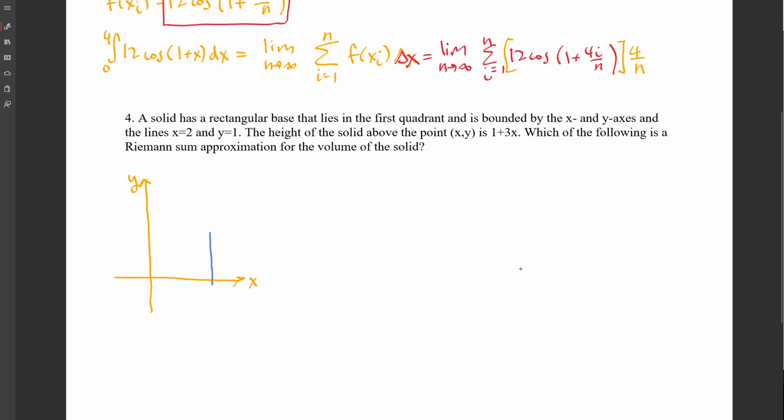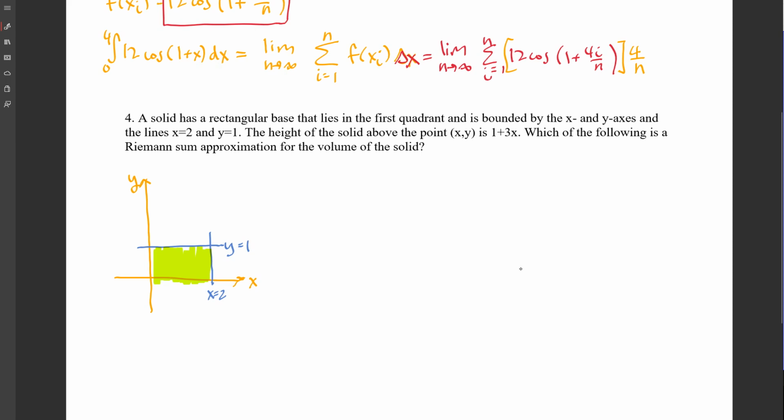So I'll just say this is x equals 2, and this is y equals 1. All right, so I've got this area right here, and there's a solid on top of this area. The height of the solid above any point is 1 plus 3x.